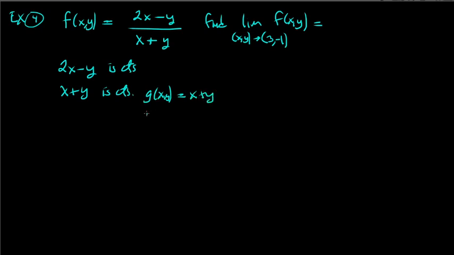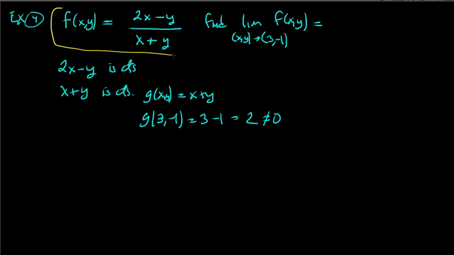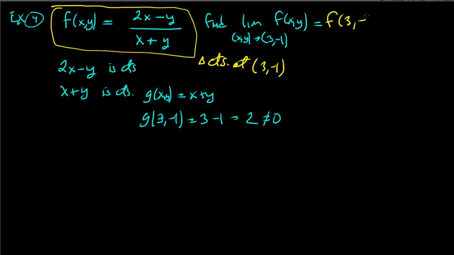better not be 0. So let's plug in the actual point, the 3, -1, and we get 3 minus 1, which is 2. And since 2 is not 0, I think we're safe. So in other words, because this function is continuous at the point 3, -1, then we can find the limit just by plugging in 3, -1.